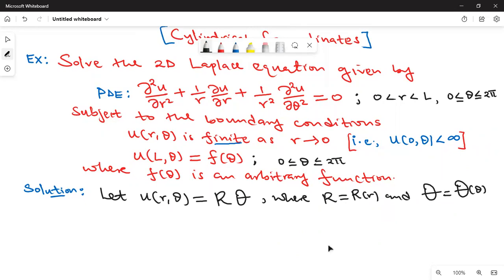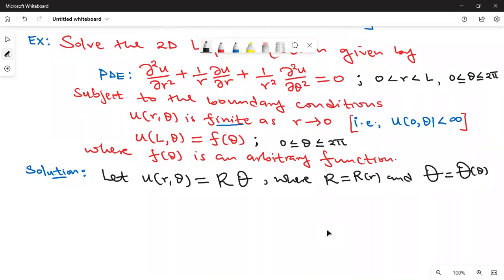Now, because our solution should be in this form, it must satisfy the given PDE. So if this is our solution of the equation, then we expect it to satisfy the given equation. So I need to find the derivatives of u. Let's start with the partial derivative of u with respect to r. To differentiate that, you keep any function of theta constant.